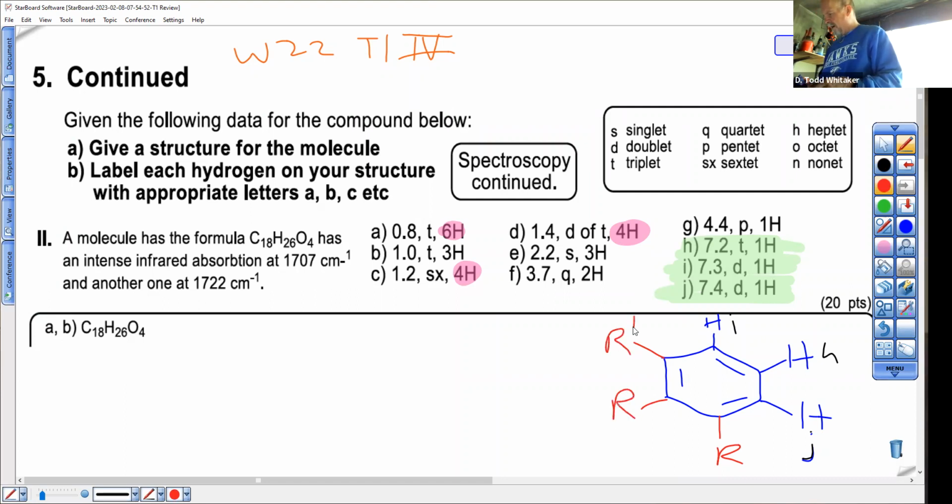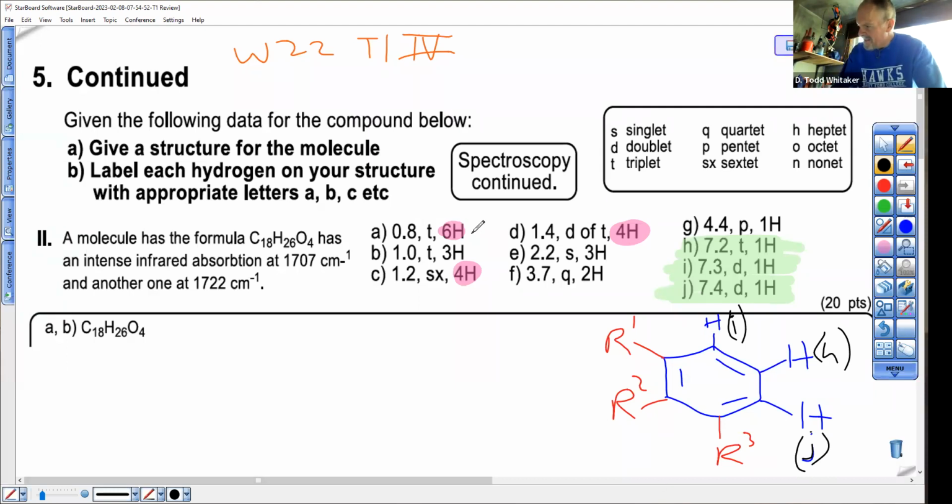So I don't know, R1, R2, R3. There you go. And that is the letter I. I'm going to put in parentheses just to avoid confusion. Okay, 6 points. Not bad.